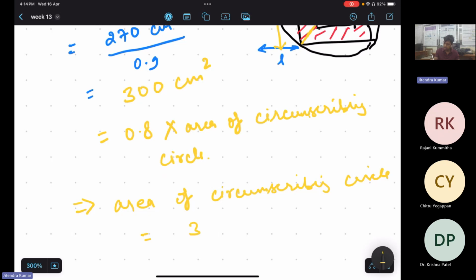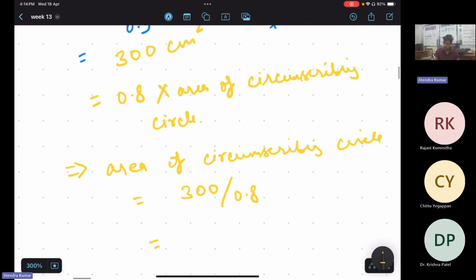That will be 300 divided by 0.8. So it will be higher than 300, and that is expected also, right? Because it is circumscribing the cone. So it will be 375 centimeter square. Now we have got the area.